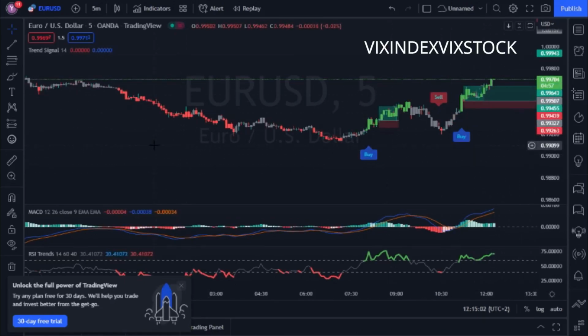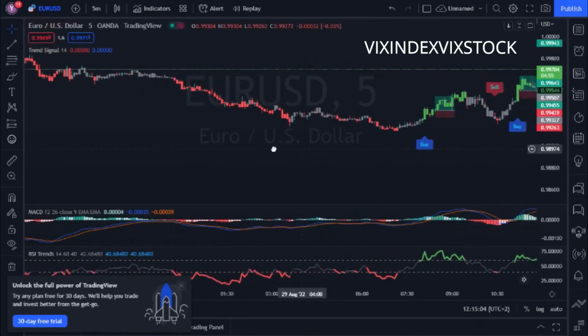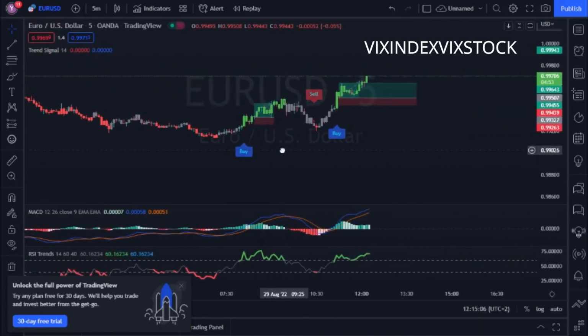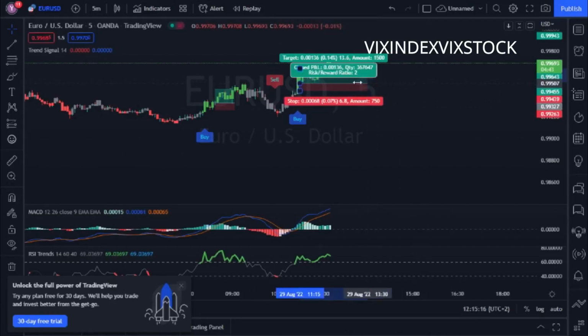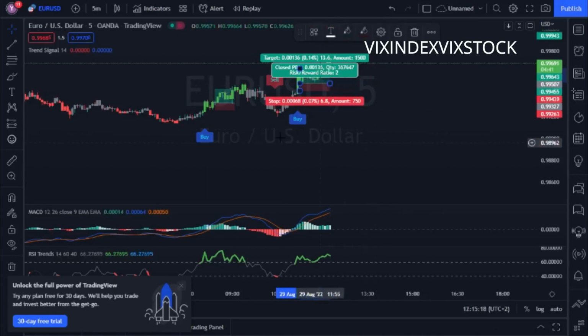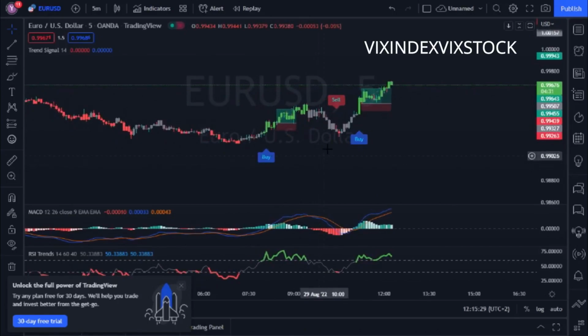So it eventually got hit there. One way of avoiding your stops getting hit in these scenarios, like I always tell people, is to always go with the higher time frame. In a situation where the higher time frame, let's say the 1 hour or 4 hour, is buying, on this 5 minute time frame we are only looking for buys.